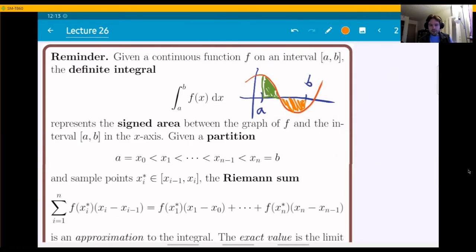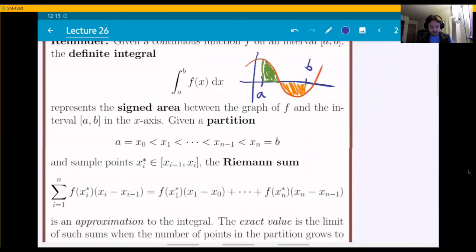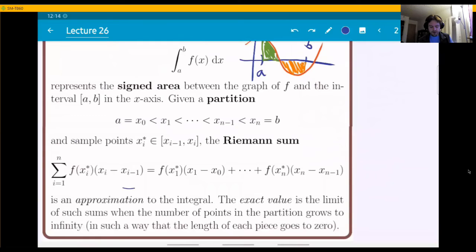And we talked about how you can actually approximate the value of this area for general functions like this one that I just drew, which are not simple geometric constructs. And it's the idea of the Riemann sums. So if you have a partition of the interval, a bunch of points, x0 all the way to xn, and you also select some sample points, I call them xi star, they are between the xi minus 1 and xi, then you can construct this kind of object here, which you can probably think about more easily in these terms here.